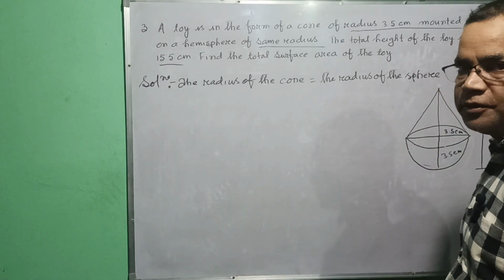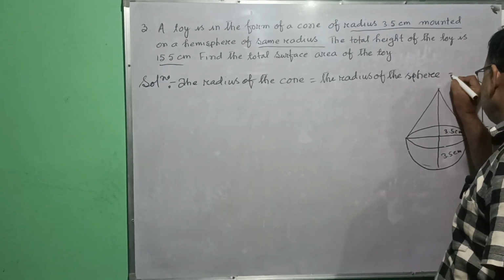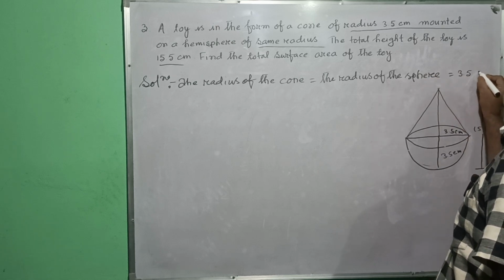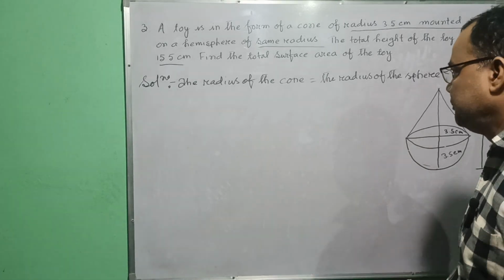You can write in 2 lines also. Equal what is given? It is given 3.5 centimeter, because it is the same.